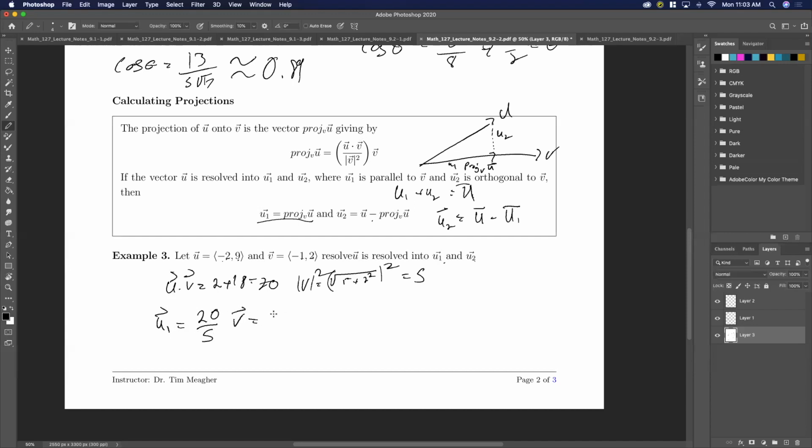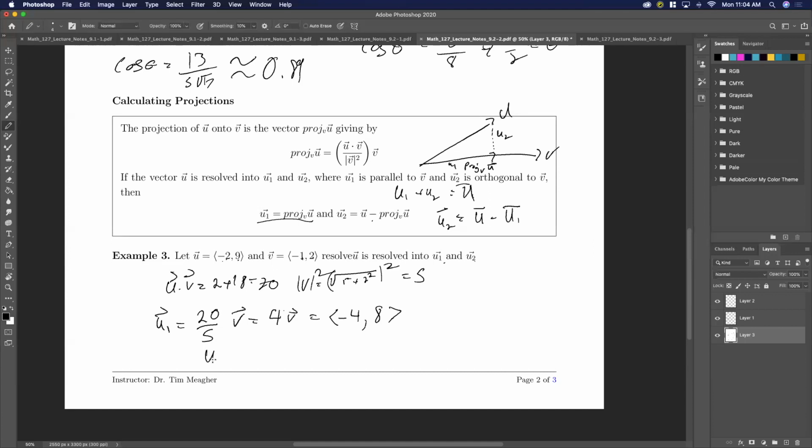Well, what's 20 over 5? That's 4 times v. Hold on, my brain just died. 4 times v would be 4 times -1, so it'd be -4. 4 times 2 would be 8, right?